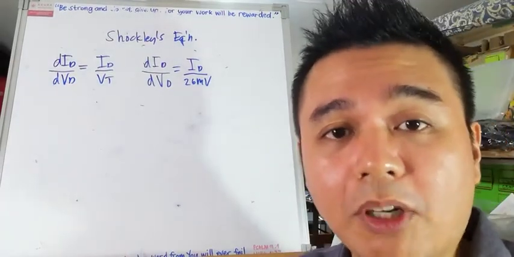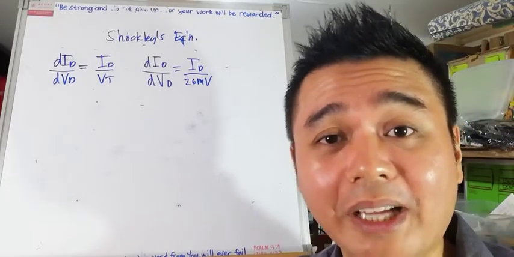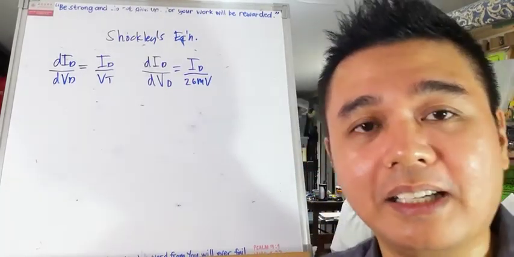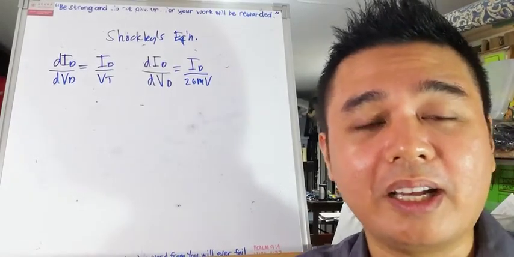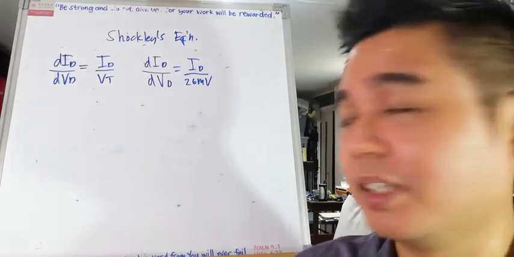Alright, so paano natin makukuha yung AC resistance or dynamic resistance? Yun nga yung objective natin, di ba? Makuha yung AC resistance ng PN junction diode kasi yun ang gagamitin natin sa R sub E model ng mga transistors.